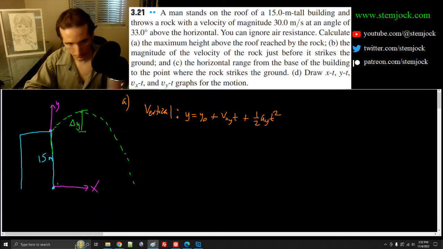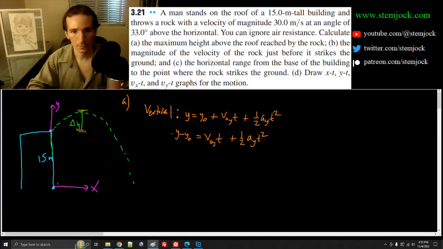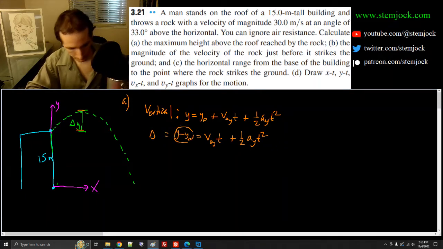Now, when I say delta y, what I mean is the maximum height minus this initial height. So that's going to be y minus y0 in this equation. So I'm going to subtract y naught from both sides. So y minus y naught equals v0y t plus 1/2 a_y t squared. So this quantity here is going to be delta y. That's what we want to know.